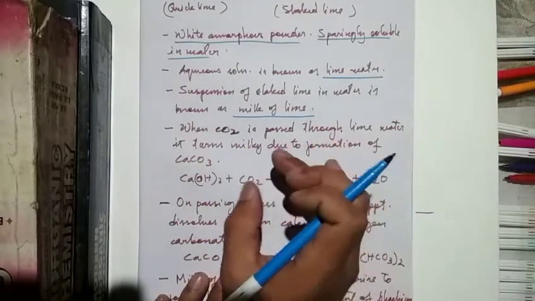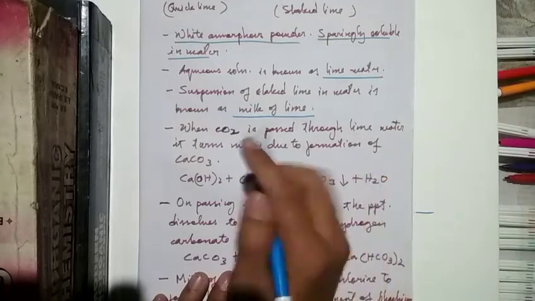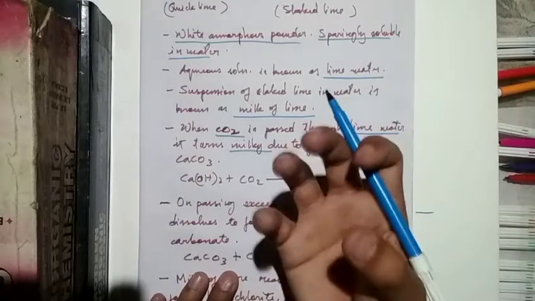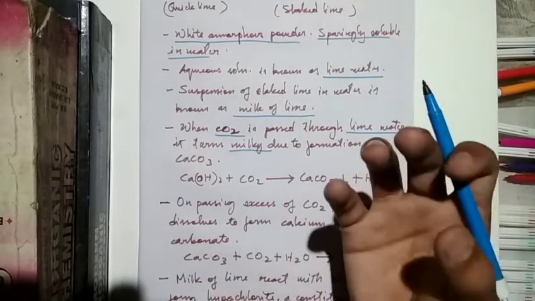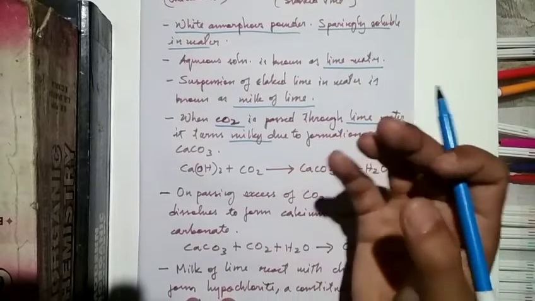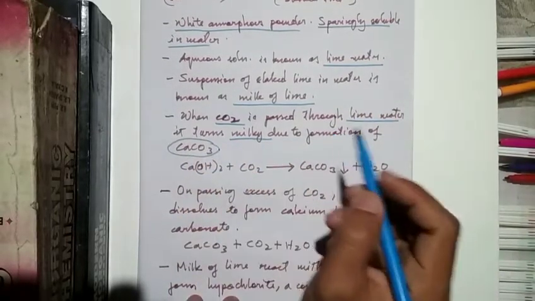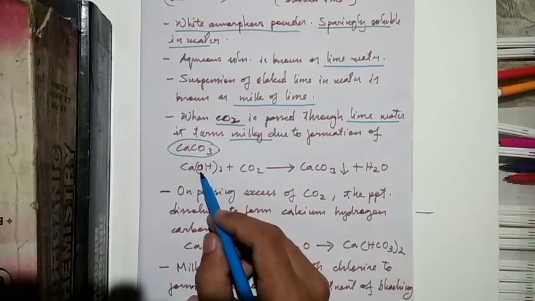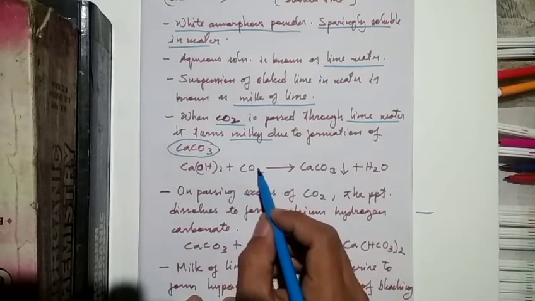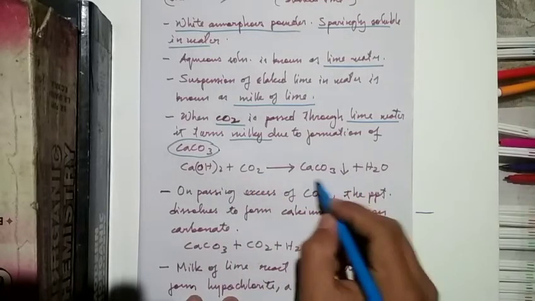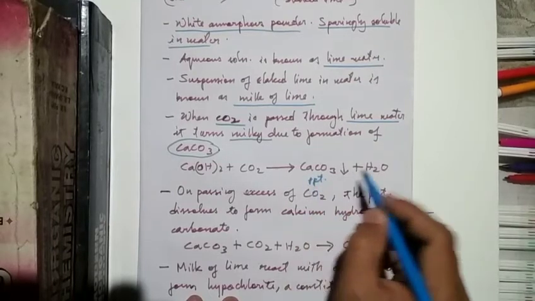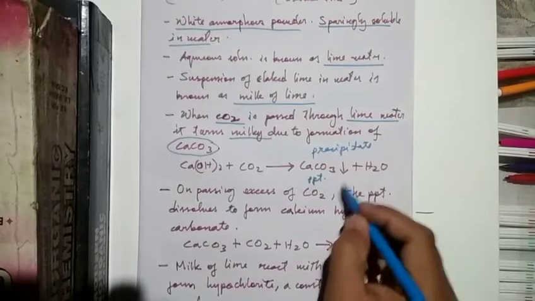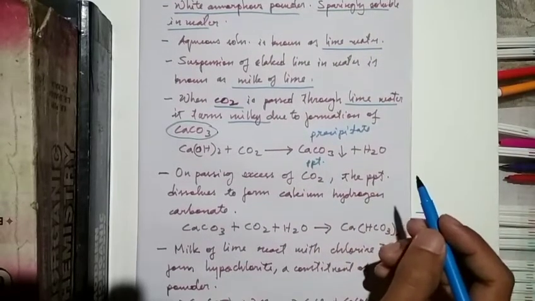Now when carbon dioxide is passed through this lime water, it turns milky, like a milk color. Why does it turn milky? Because it forms calcium carbonate. So this lime water reacts with carbon dioxide to give calcium carbonate, which is precipitated, and we get a water molecule.